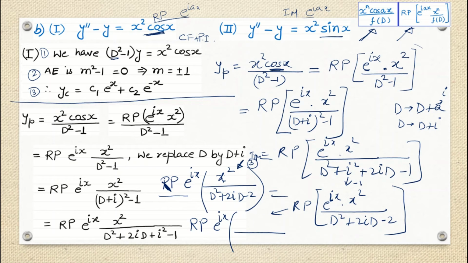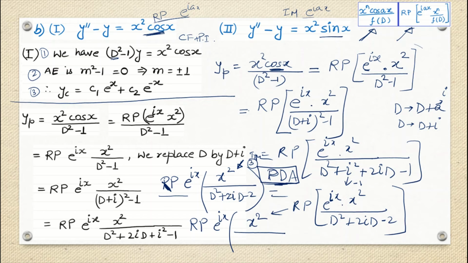Before that, we follow that if the function in the numerator is polynomial in nature, the powers of x should be in descending order, and the powers of D in the denominator should be in ascending order. The numerator has only one term, so no ordering is needed.